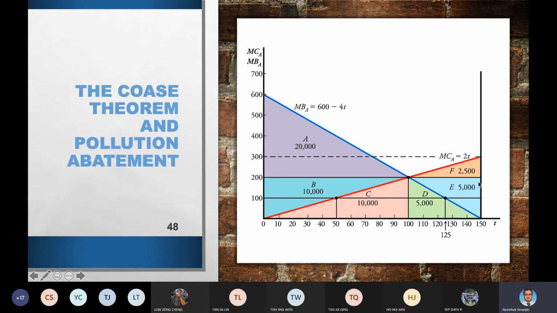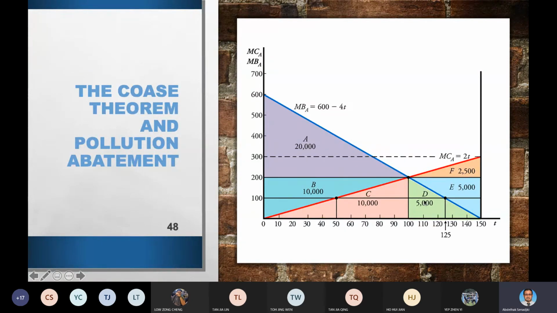This is also, this minus this, 150 minus 100 is 50 times 200, 10,000 divided by 2, 5,000. And this is equal to 300 minus 200, which is 100, times 50, which is 5,000. 5,000 divided by 2 is 2,500. So we have 2,500 here.